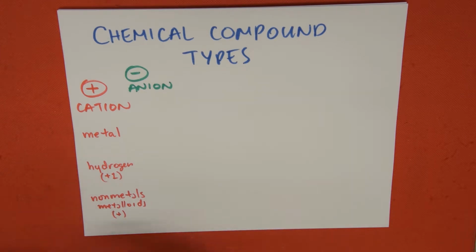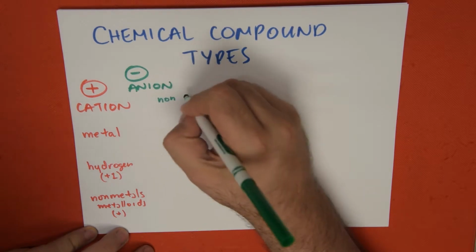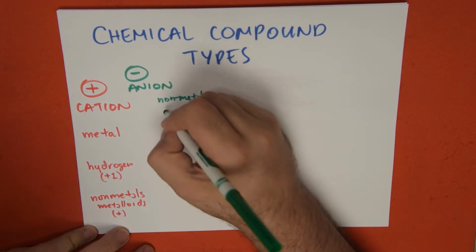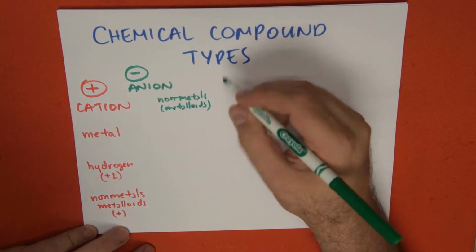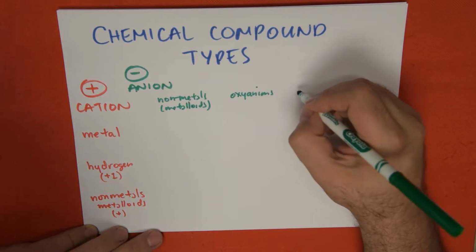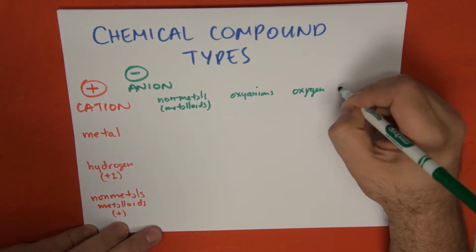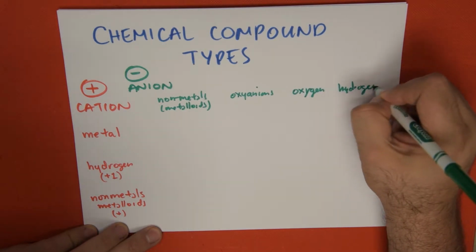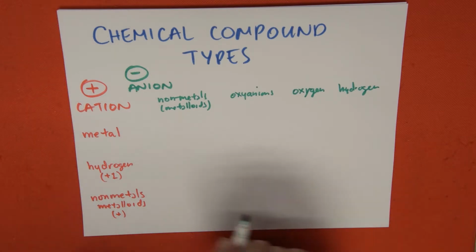When we speak about anions, we can also speak about nonmetals, which include metalloids, of course with a negative charge. We can speak about oxyanions, which I will speak about in another video. We also speak about oxygen independently, and hydrogen independently. And there's a fourth one, which is hydroxides, which also fits, but we're going to leave it on the side right now because it's pretty easy to identify.